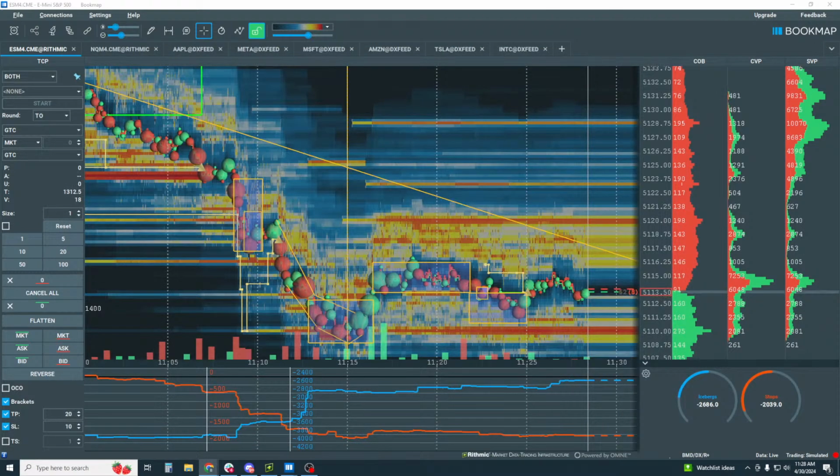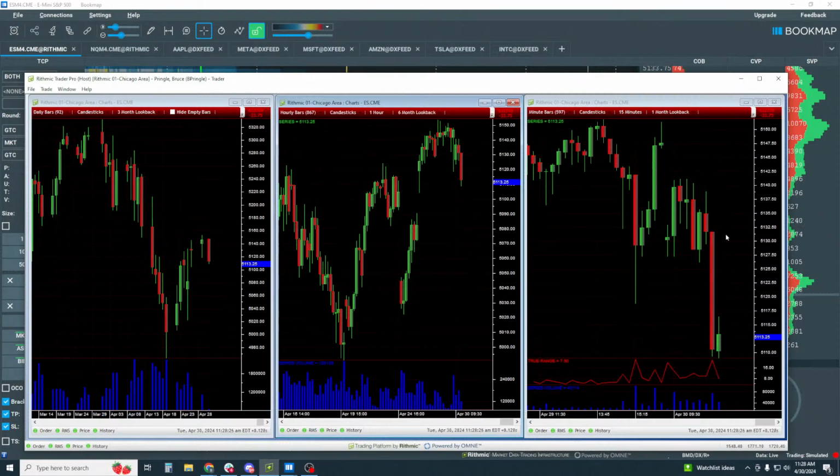Bigger picture. Okay, so that was our technical. Looking at this, see the rejection up here? With candlesticks it's nice, it's clear, it's rejecting, but you can really look at it in Bookmap, and that's going to really help to understand the volume and the liquidity up in here on these moves.